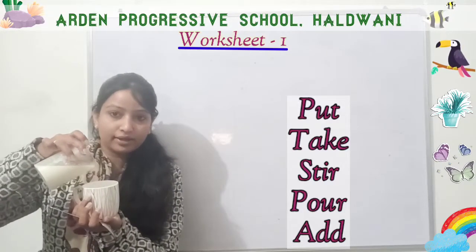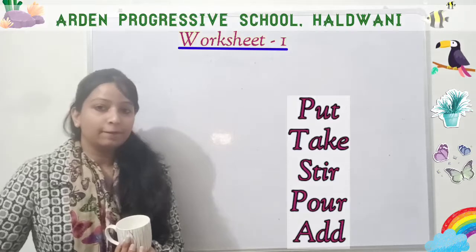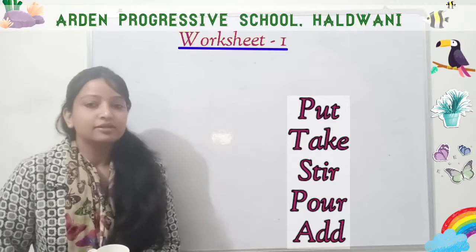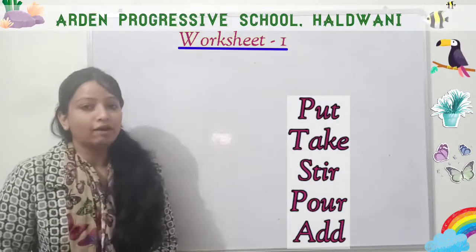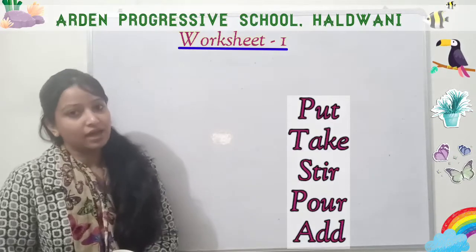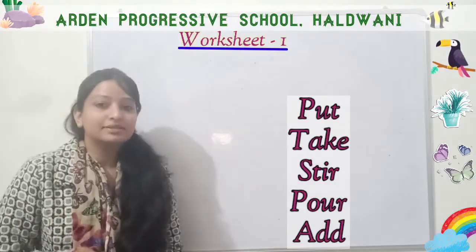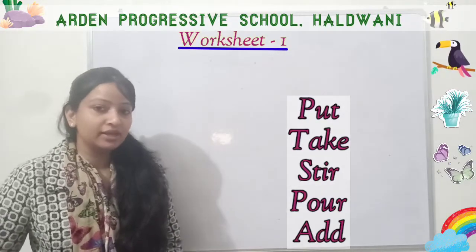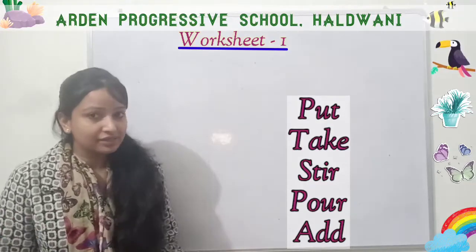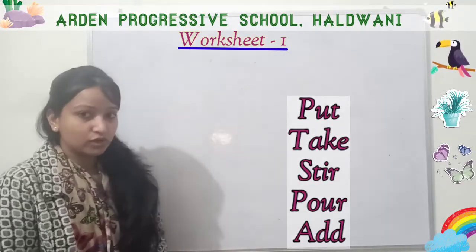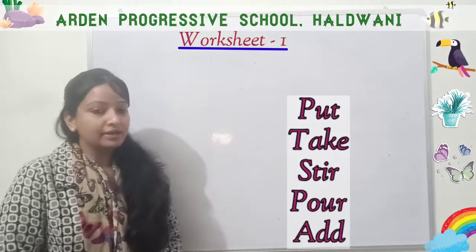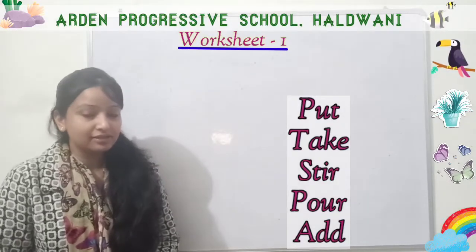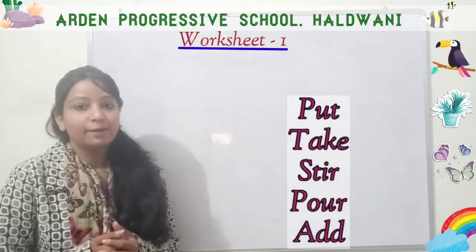P-O-U-R, pour. And add. So these 5 words you have to use while you describe the process of making tea. You know which ingredients we need, which utensils we need, and which words we have to use, and within 5 sentences only we have to describe the process of making tea.